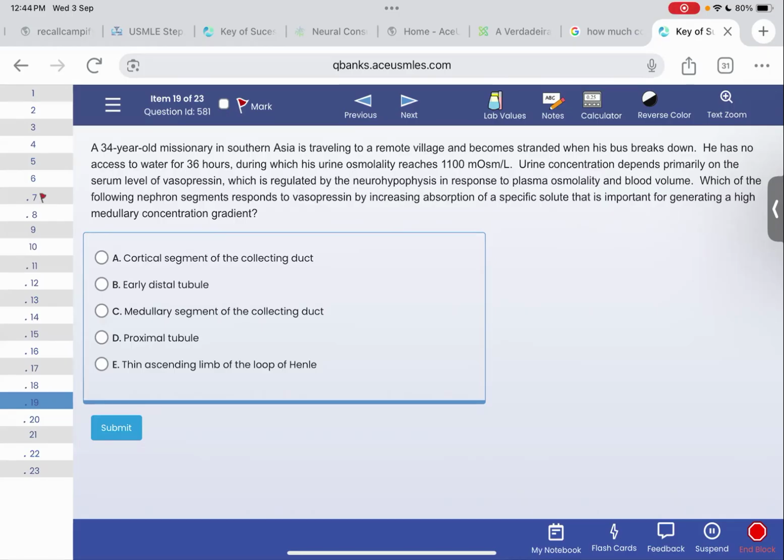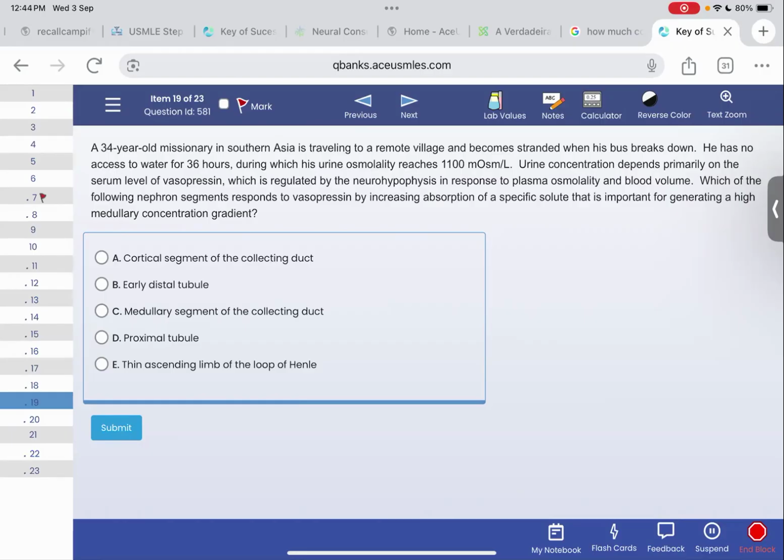A 34-year-old missionary in southern Asia is traveling to a remote village and becomes stranded when his bus breaks down. He has no access to water for 36 hours, during which his urine osmolarity reached 1,100.